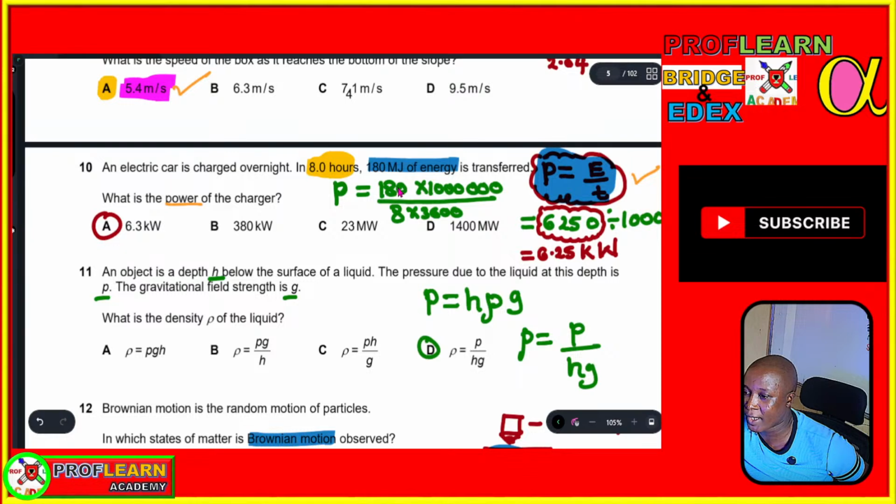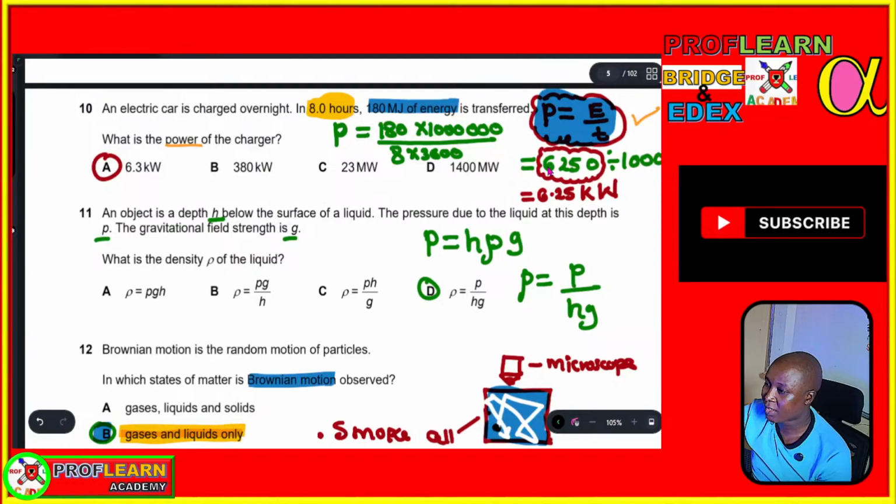So it will be 180 times 1 million, because it was given in megajoules, over time, and time must be in seconds, so it will be 8 times 3600, and that translates to 6250 watts. We convert it to kilowatts, so that will be 6.25 kilowatts, which is option A.